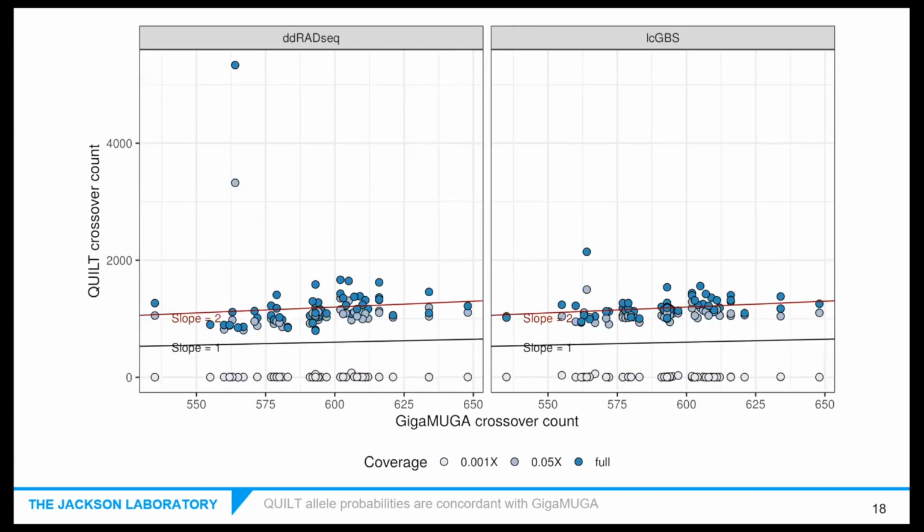And in terms of recapturing missing crossovers, what I'm showing here is the Gigamuga crossover count compared to the crossover count we obtained from both sequencing-based approaches. We see that coverage is a main driver of this, but with 0.05x coverage, we obtain roughly a 2-to-1 relationship between the QUILT crossover counts and the Gigamuga crossover counts.